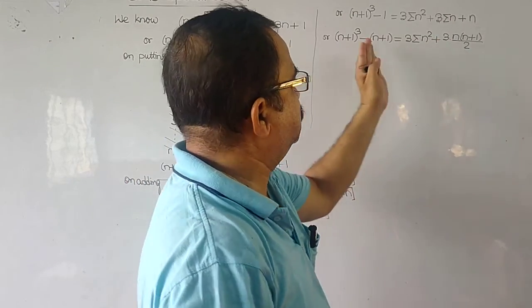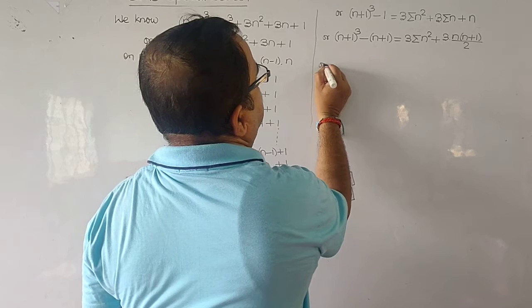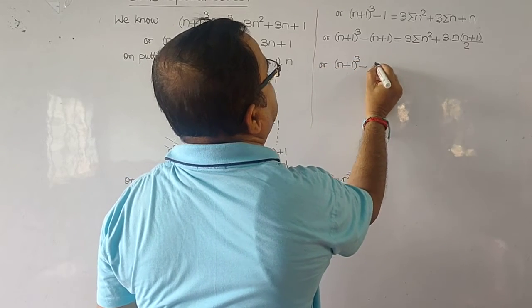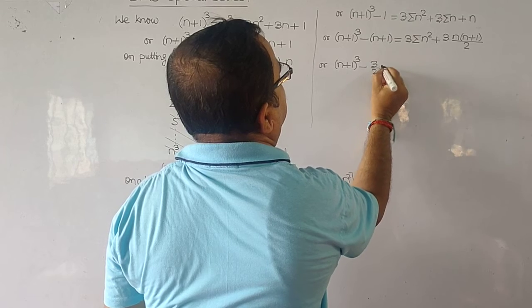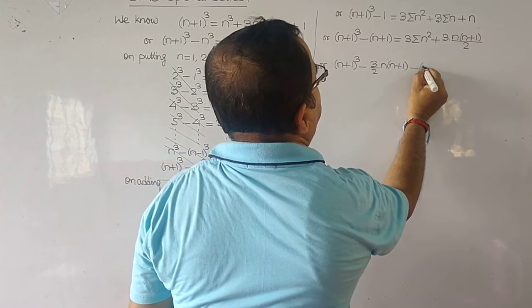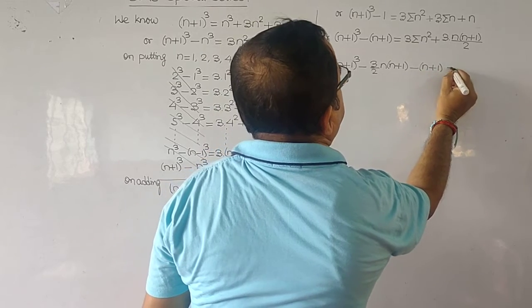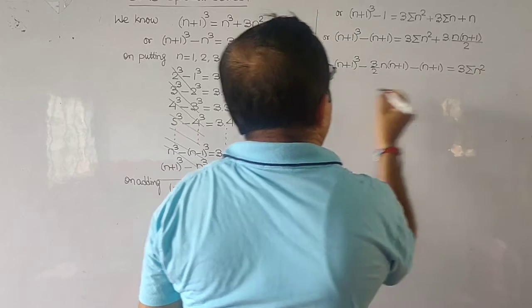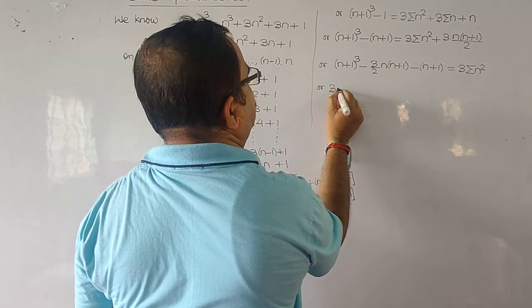Now take this to the left side. This will be (n+1)^3 minus 3/2 (n+1) minus (n+1). This is thrice of summation n square.